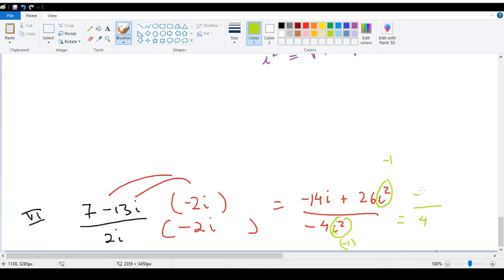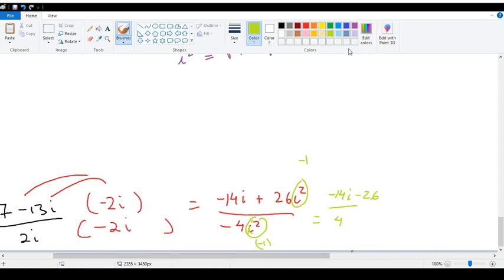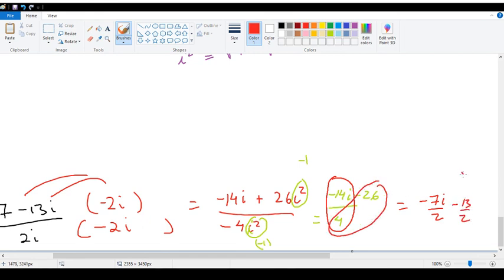So you got negative 14i minus 26. You're almost done, except you have to simplify this all the way. So these two fractions are even, so I can say it's negative 7i over 2. These two are also even, so I can say it's negative 13 over 2. And that right there, ladies and gentlemen, is your final answer.